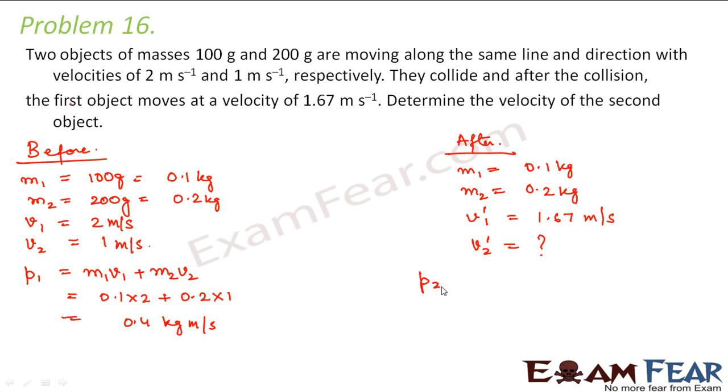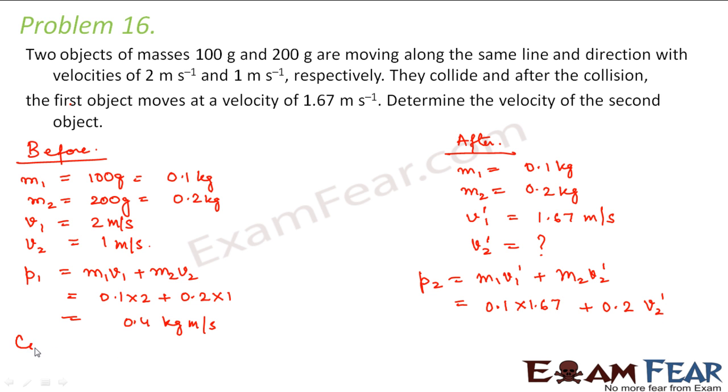So the total momentum after collision would be m1v1 dash plus m2v2 dash. So we can write this as 0.1 into 1.67 plus 0.2 into v2 dash.